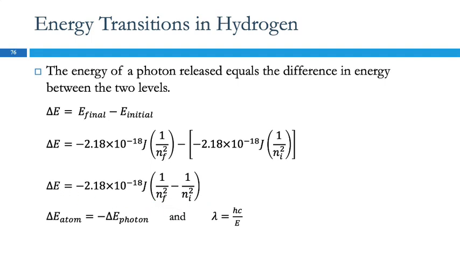I find this sometimes hard to remember or confusing. So the change in energy for the atom is negative, the opposite in sign to the energy of the photon, because one's going out and one's coming in, essentially. Wavelength is equal to hc over the energy. That's just a rearrangement of E equals hc over lambda.